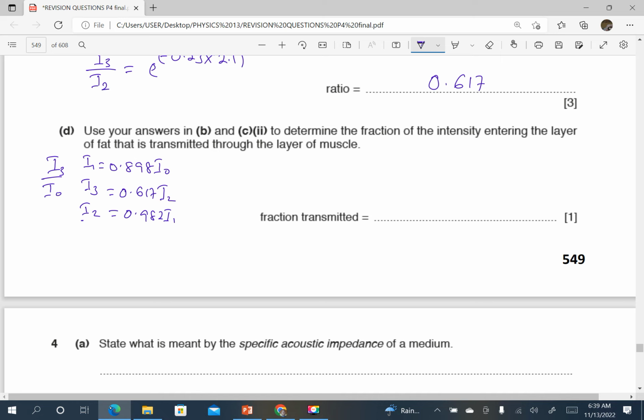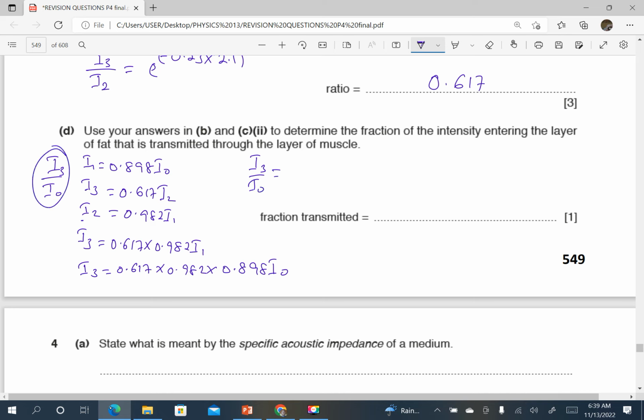I put I2 into the I3. So I3 is going to be equal to 0.617. Where there is I2, I'll put 0.982 times I1. And where there is I1, I will put I1 as that. So I3 is going to be 0.617 times 0.982 times, where there is I1, I'm putting 0.898 times I naught. So the fraction, I3 over I naught, which we want to find here, is going to be the product of these three.